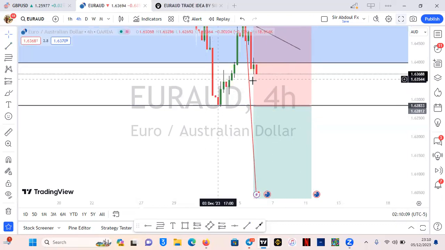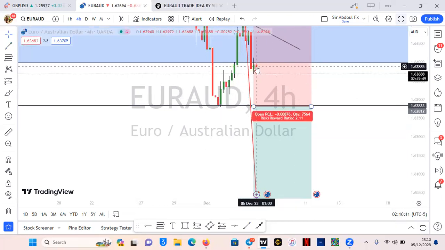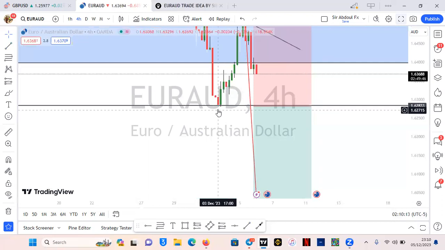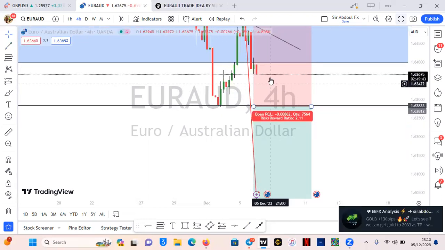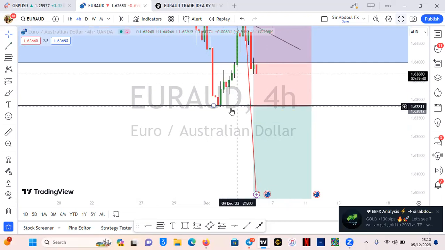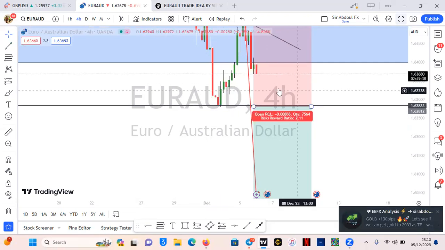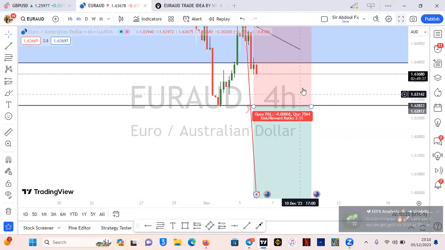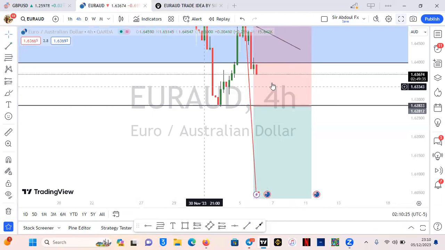So this place will be a consolidation area, because if the market did not break this, maybe the market will come and respect this level, go back, come back, respect this level, go back. You don't know when the market is going down if you do not break all those places.